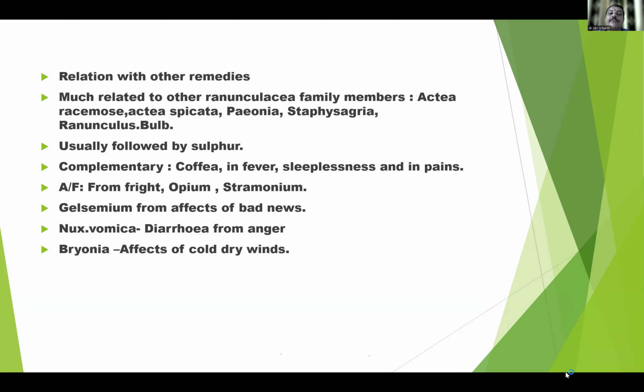Suppose you see a Staphysagria patient of the same family. He has no such violence like Aconite, but he has a strong control over his mind. A sort of controlling mechanism in the chaotic situation. Whereas in Aconite, there is no such control and everything is stormy, speedy, fast.